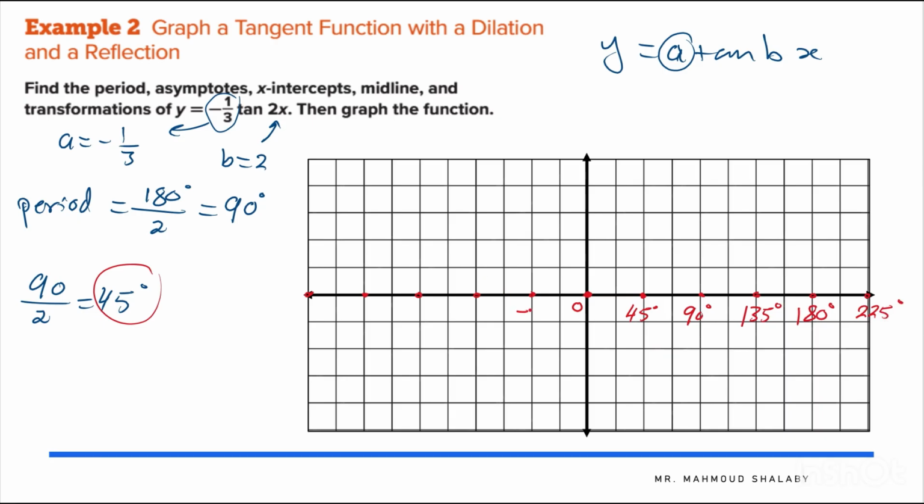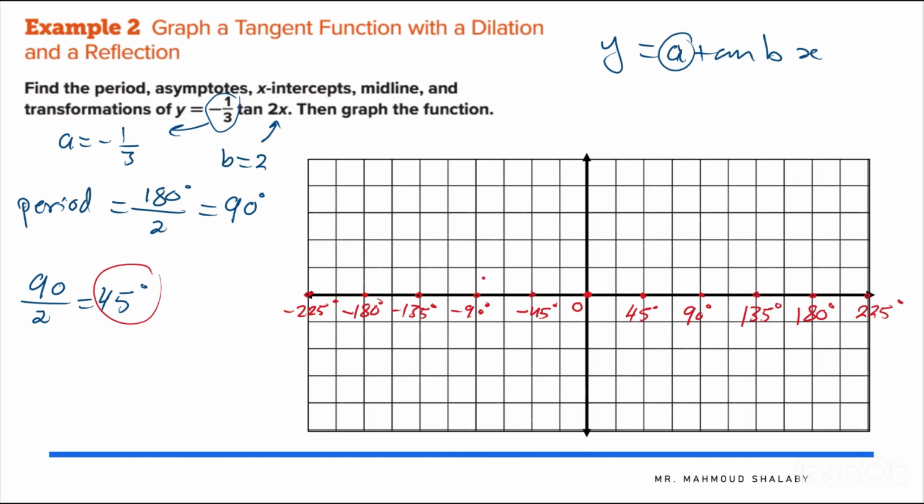On the left side, I will do the same thing: negative 45, negative 90, negative 135, negative 180, negative 225. The next one should be 270. Every time we are adding or subtracting 45, or we just add and mirror these on the other side by the negative sign. All right, this is the first thing, and this will be the first intersection.